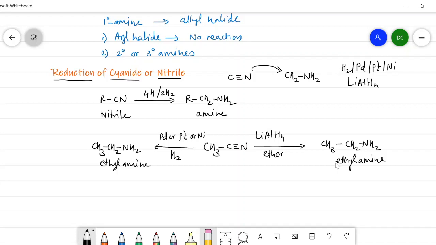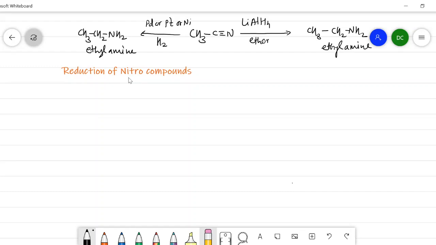Now we will see the reduction of nitro compounds into the amino compounds. In the reduction of a nitro compound, we have to use either metal plus acid, or hydrogen in presence of metals such as nickel, platinum or palladium.